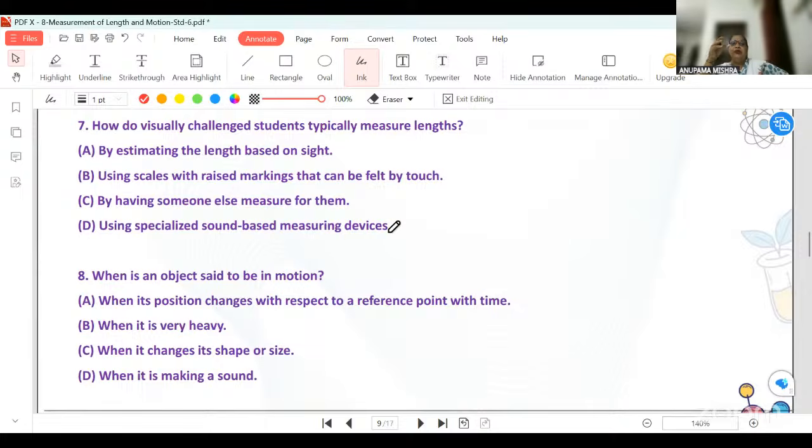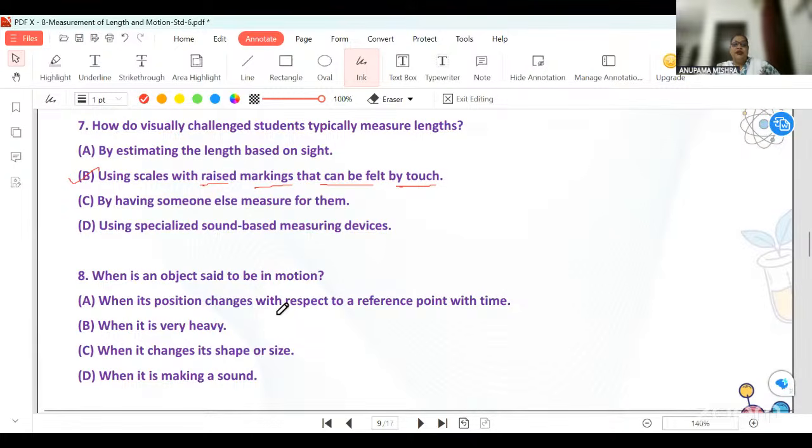Blind people, how do they measure the length? Some are answering B, some are answering D, then C. So the answer to the seventh one is using scales with raised marking that can be felt by touch. This is the important one. So that way they measure the length.